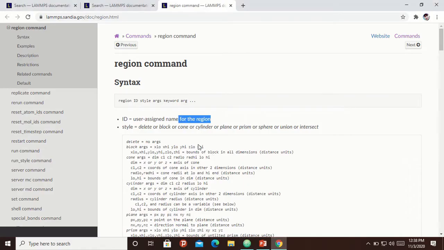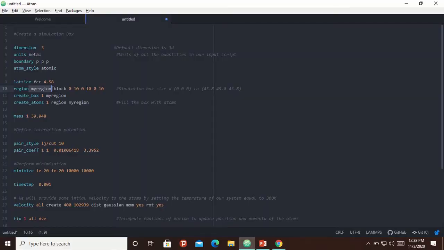And then what kind of box you want in your system. It can be a block, a cone, a cylinder, a plane, a prism, a sphere, or whatever you want. Here I have taken a block, and these are the corresponding dimensions of the block.